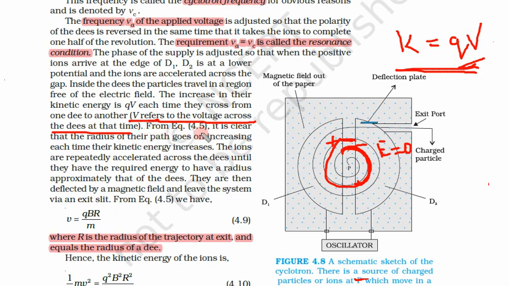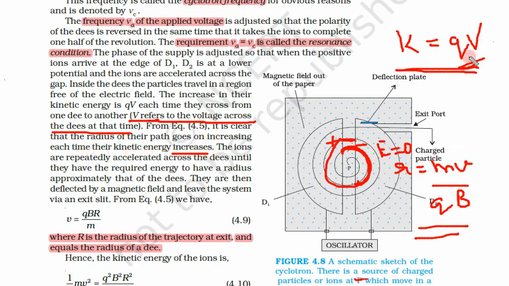From equation 4.5, it is clear that the radius of their path, which we have already written as r equals mv by qB, goes on increasing each time their kinetic energy increases.